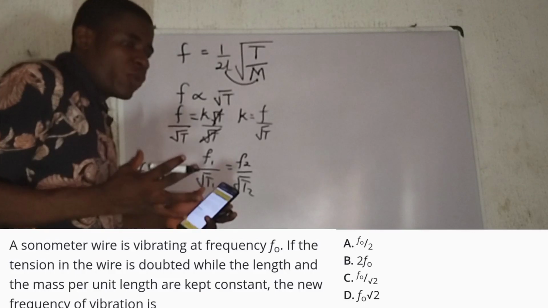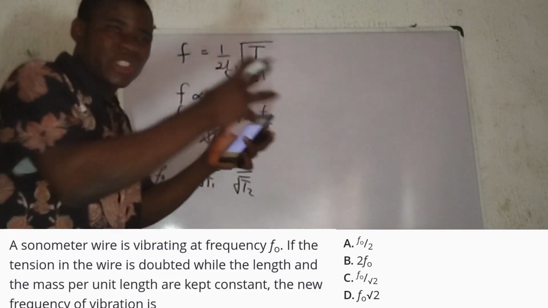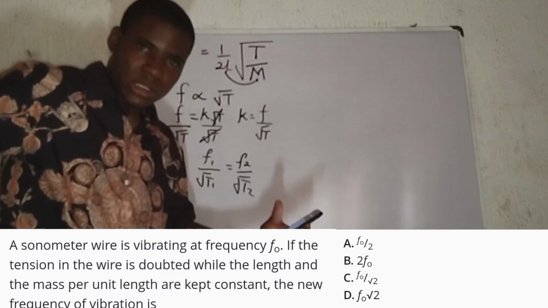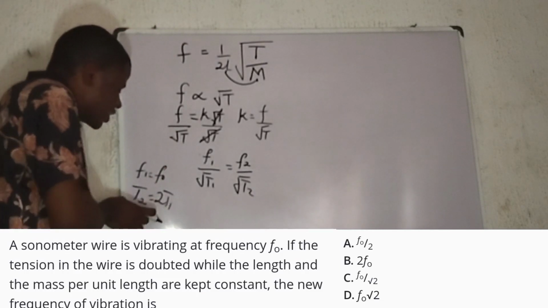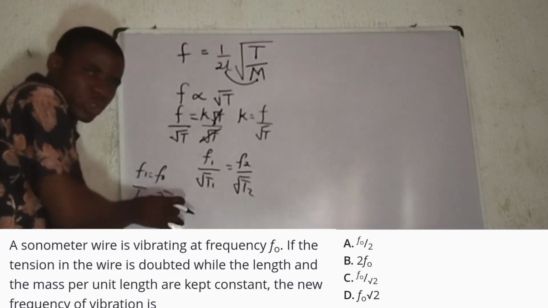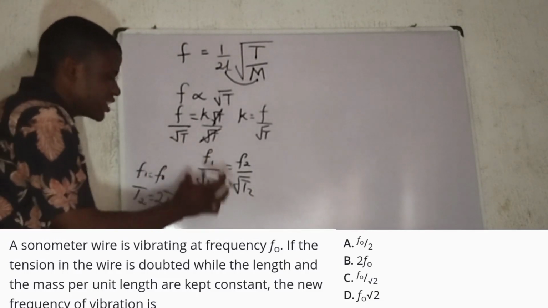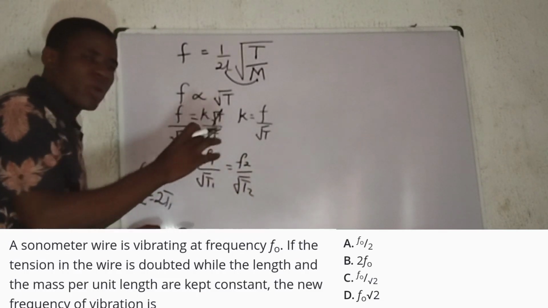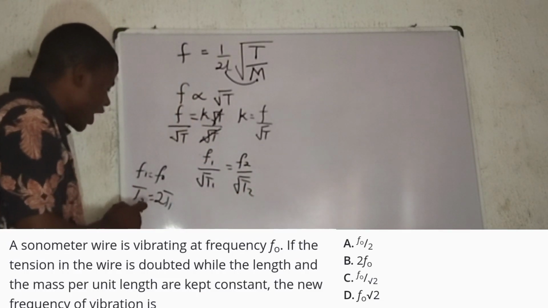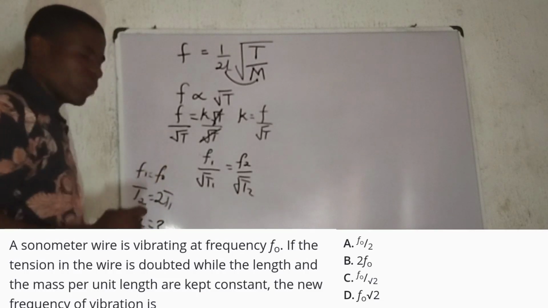To get the new tension, you have to double the first tension. Now they're asking us for the new frequency of vibration, which is F2.